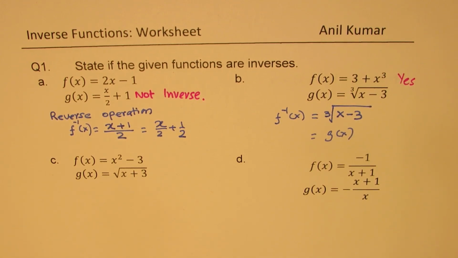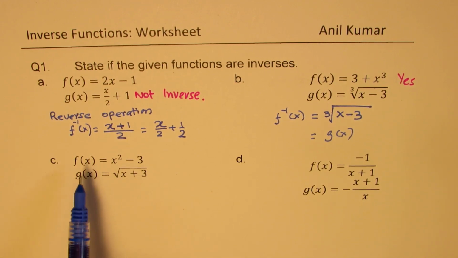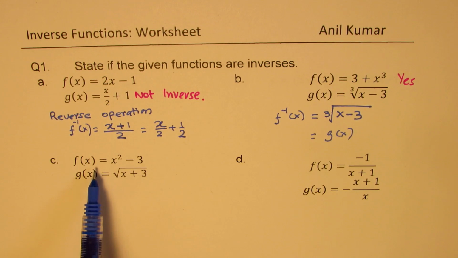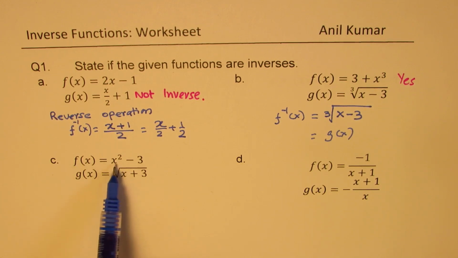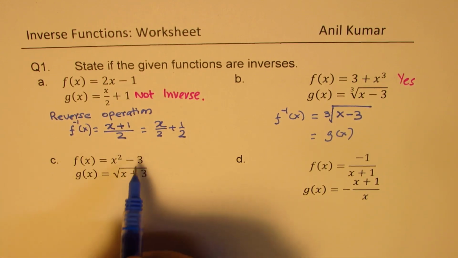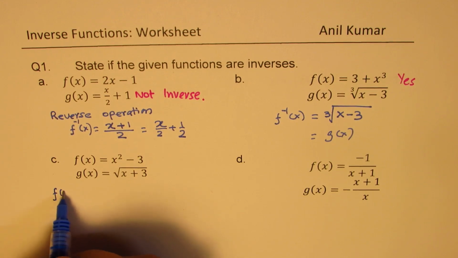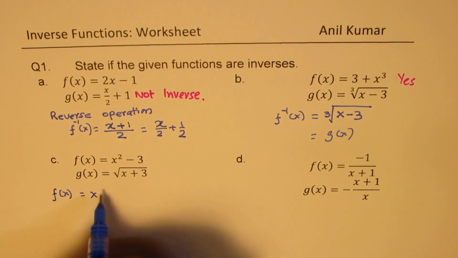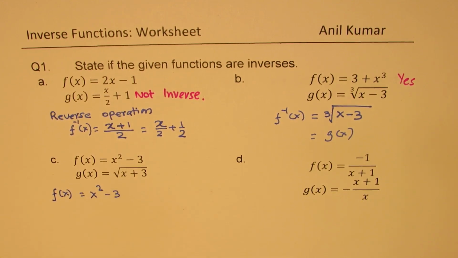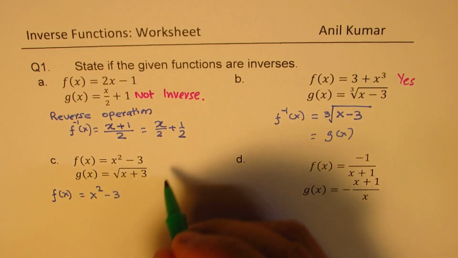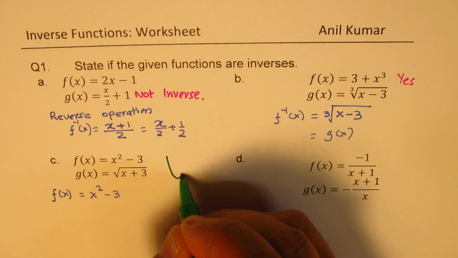C, f of x is x squared minus 3 and g of x equals to this. Now here, if you do algebraically, you'll get the same relation. However, there is a catch here. When we have this function x squared minus 3, let's look into this. That is a parabola which is opening upwards, right?